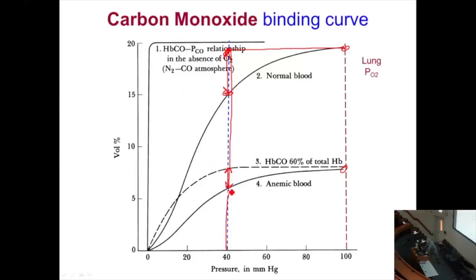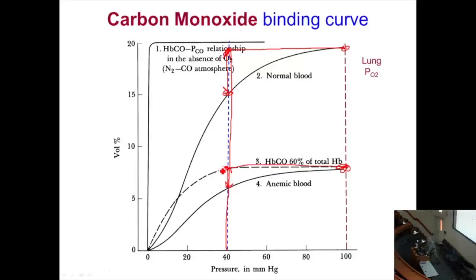That's not good, but it's not so bad. Let's look at the person where only 40% of the hemoglobin is available because 60% has carbon monoxide bound. They go to the lung, they have a PO2 of 100. We go to the tissues, and only a tiny amount of oxygen is released.